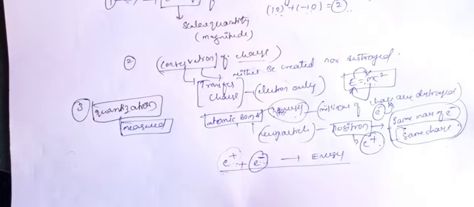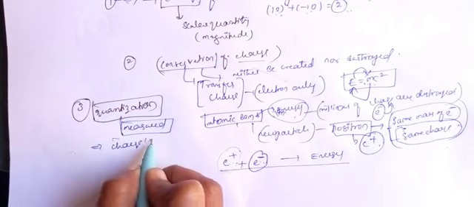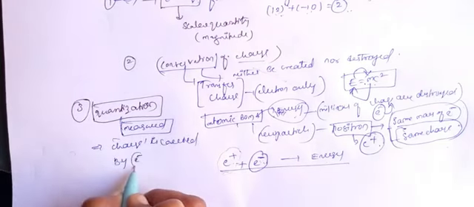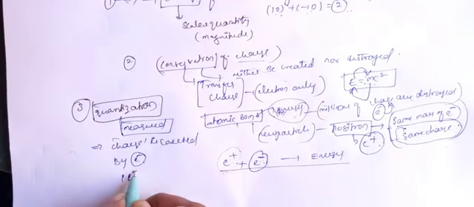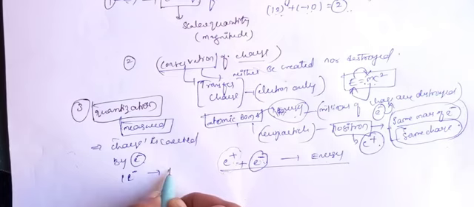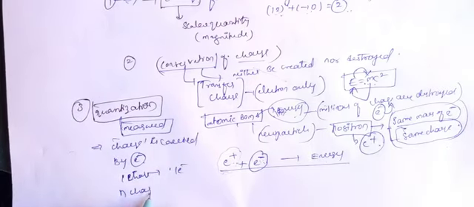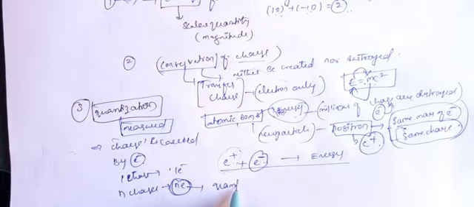Already we know that charge is carried by the electron. One electron carries one charge, so n charges will be carried by n electrons. This n electrons gives the measurement, that is the quantization.